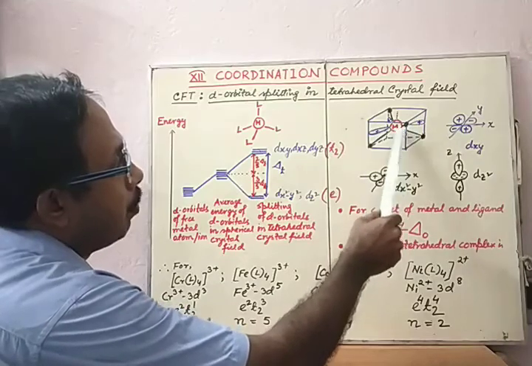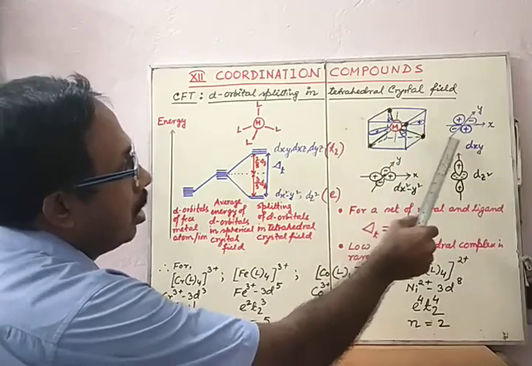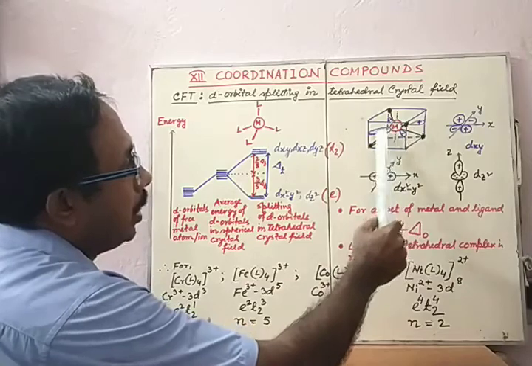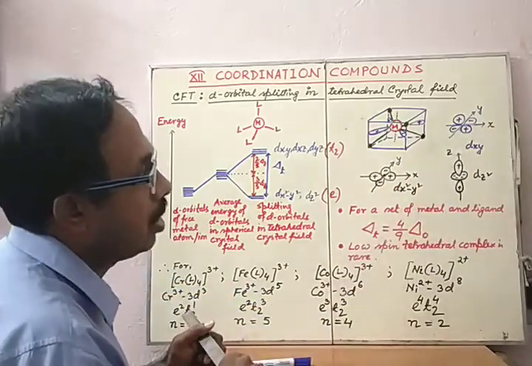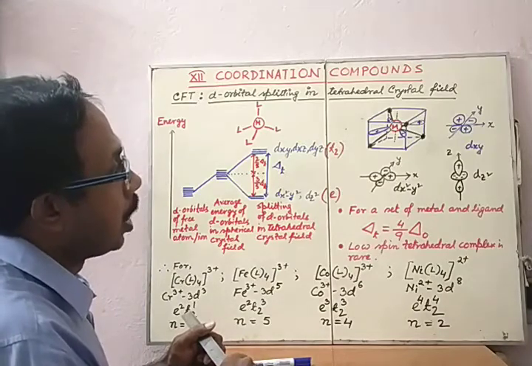This is an example of a ligand approaching an orbital of this kind, among the dxy, dxz and dyz.